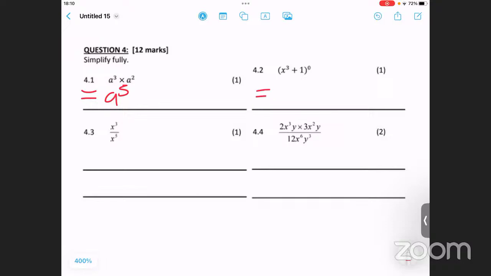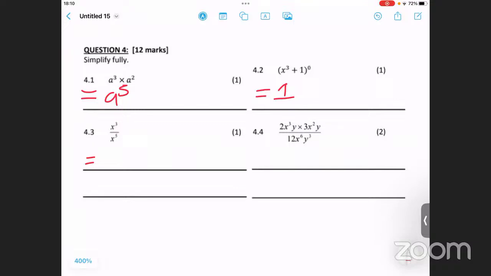Ma'am, 1. Why are we having a 1? Ma'am, because anything to the power of 0 is equal to 1.